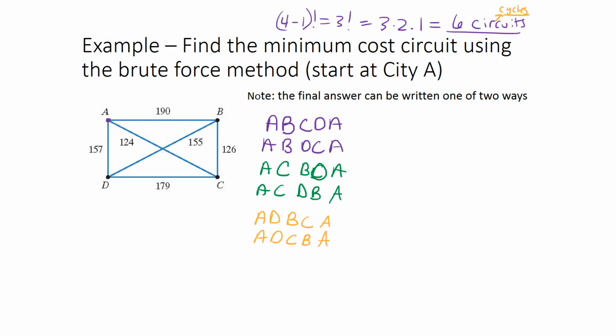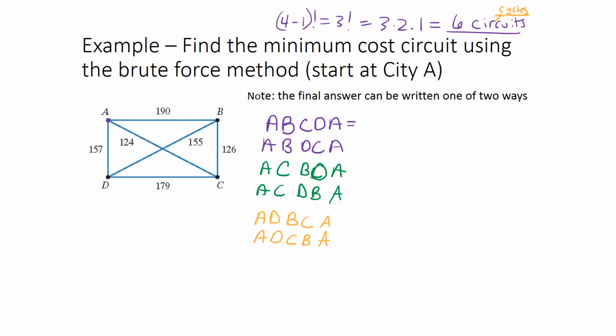All right, so for the brute force method, we find out how many possible circuits there are, which we just decided is 6. We have to find the weight of each circuit and then find the one with the minimal weight. So as you can see, this can be very time consuming. And here we only have 4 vertices.